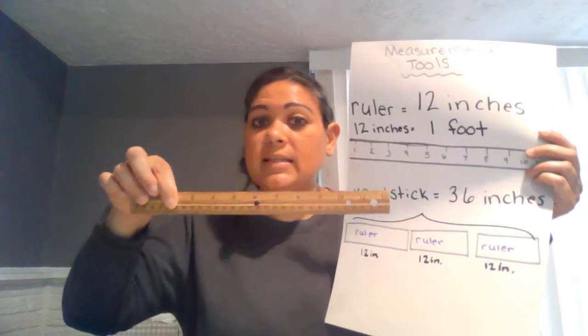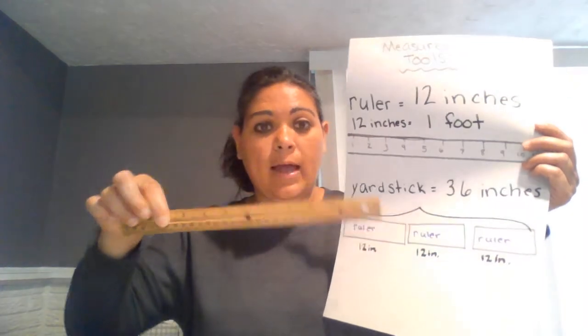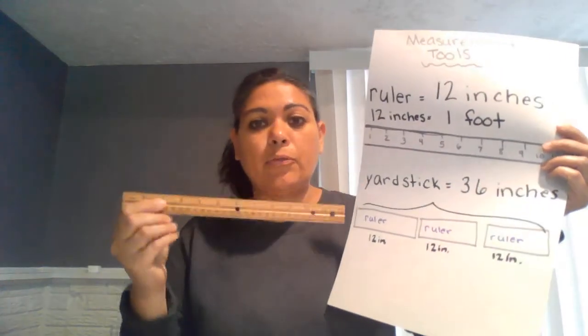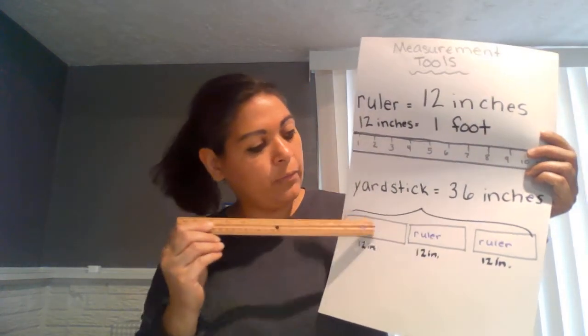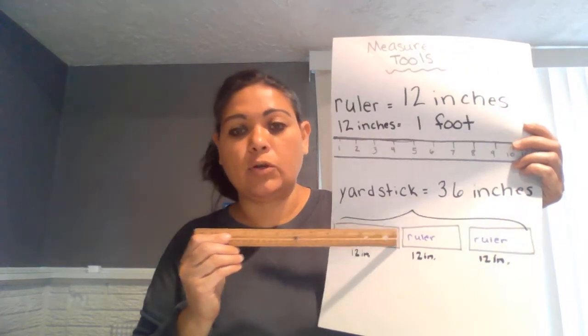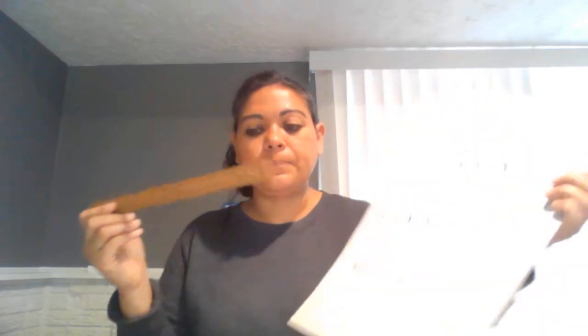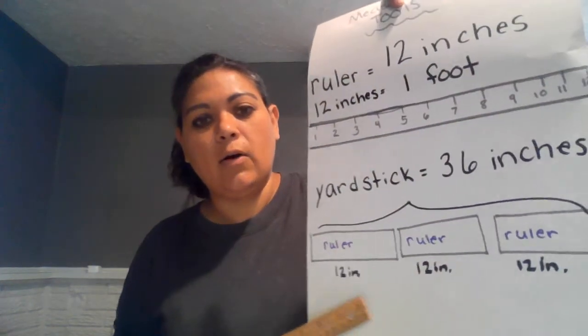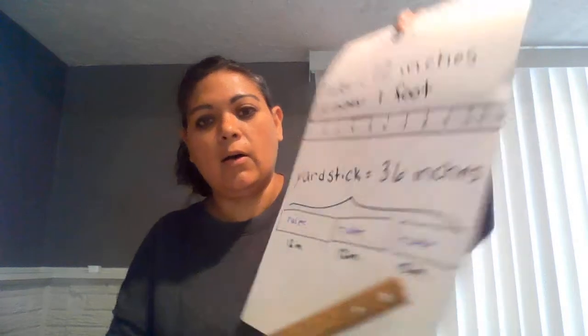It looks like this, but it's much longer. If I put 3 rulers together, and these rulers would have to be end to end, with no space in between, that would be 36 inches. So you see here, 12 plus 12 plus 12 gives me 36 inches.